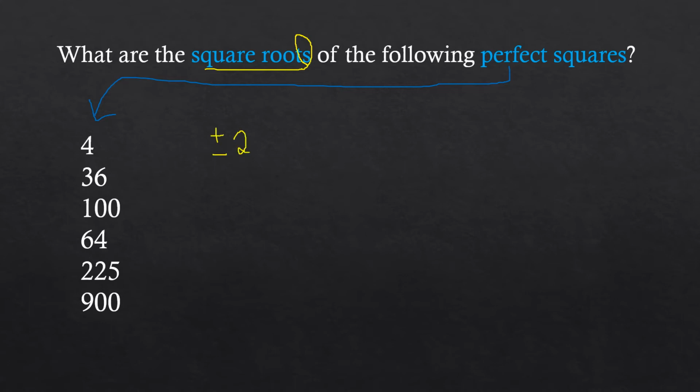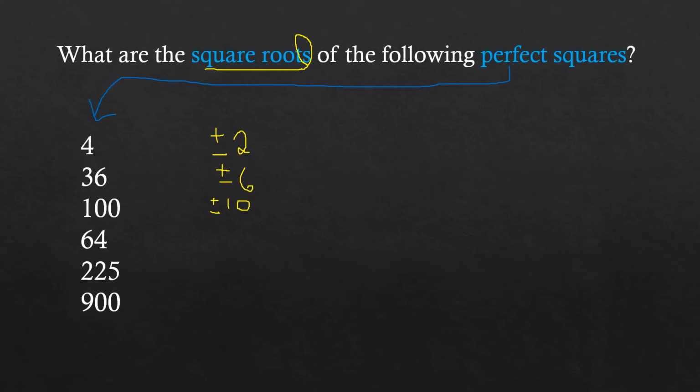How about 36? What are the square roots of 36? That's right. 36 is from 6 squared. Therefore, the square roots are positive and negative 6. How about 100? 100 is from 10 squared. So the square roots are positive and negative 10. How about 64?